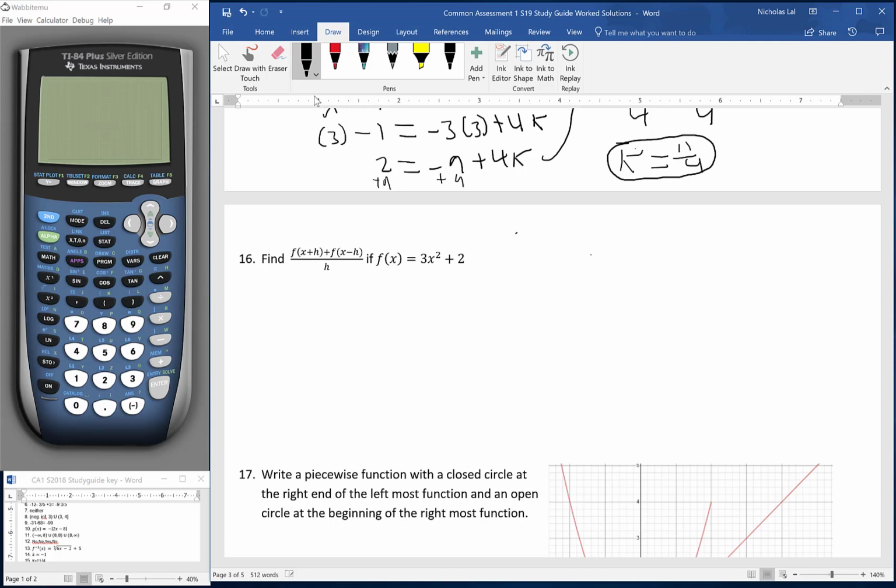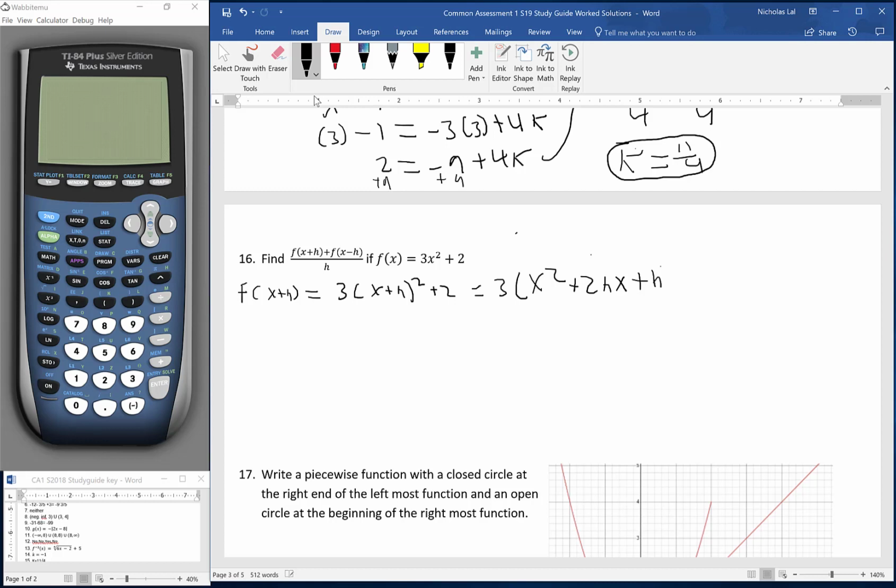So f of x plus h is equal to 3 times x plus h squared plus 2. So that's going to become equal to 3 times x plus h squared. That becomes x squared plus 2hx plus h squared plus 2, since 2 times h times x is 2hx.